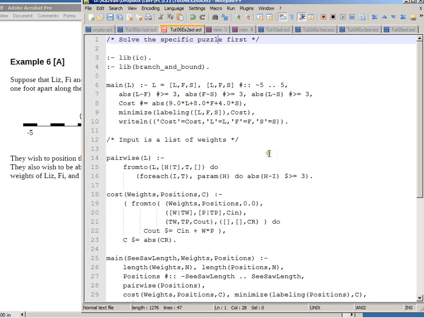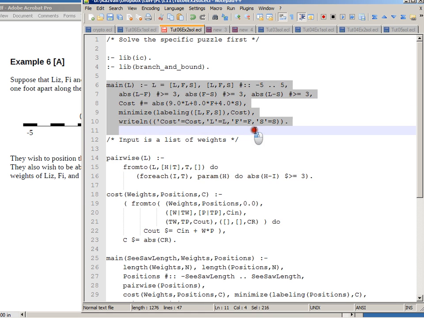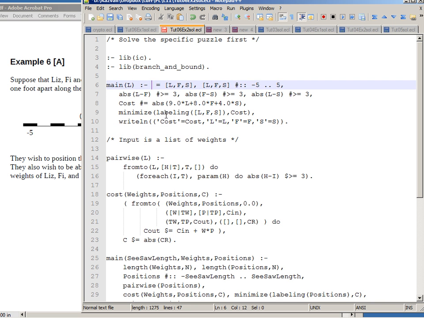All right, so this is the solution. Ignore the rest. The rest is a generalization that is trying to compute a solution for many kids and many weights. So what are we saying? We're saying that this L is not good. Let's call it answer.